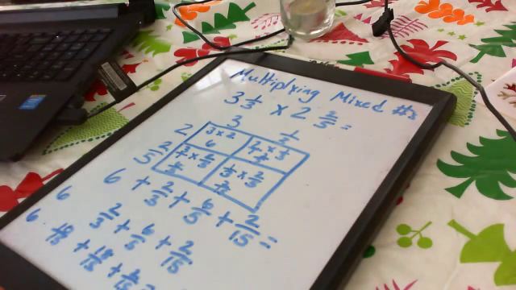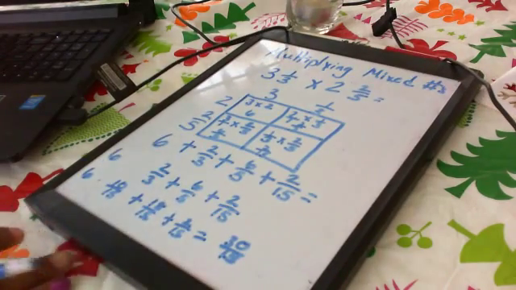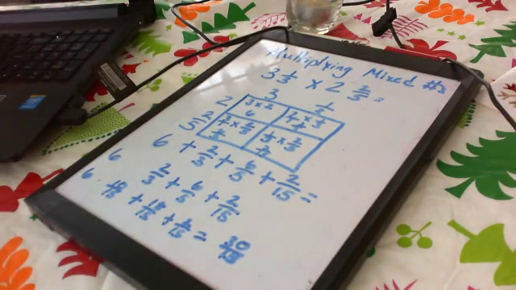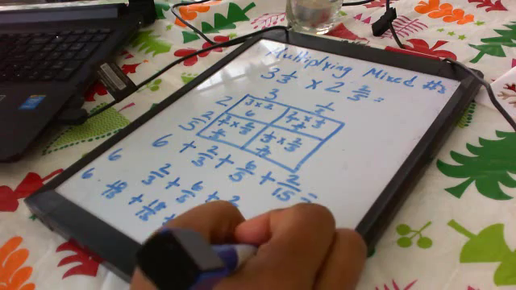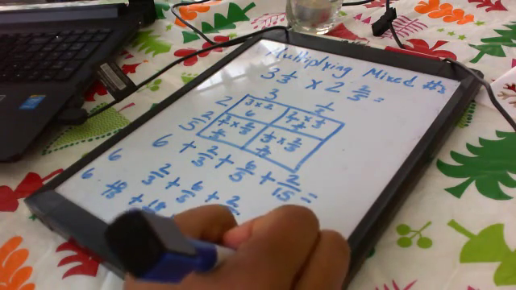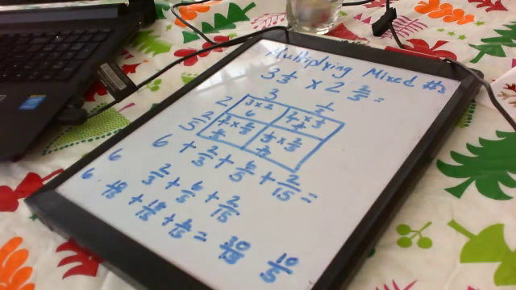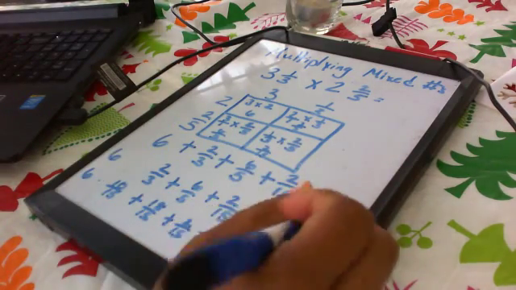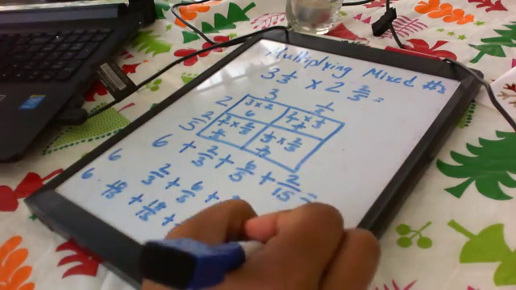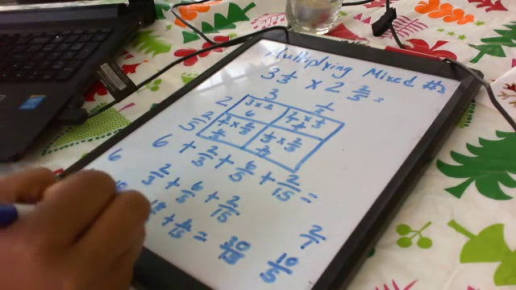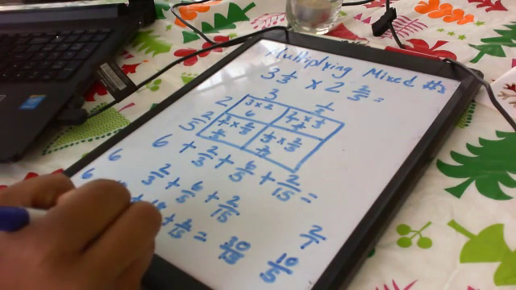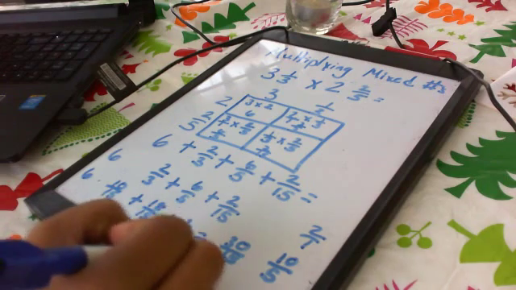And now I need to simplify that, so they can both be divided by 3. So that would give me 10/5. And I know that 10/5 can be simplified again by 5. So then that's going to give me 2 over 1. So now I have 6 plus 2, which is answer 8.